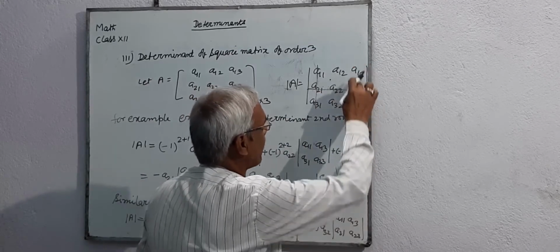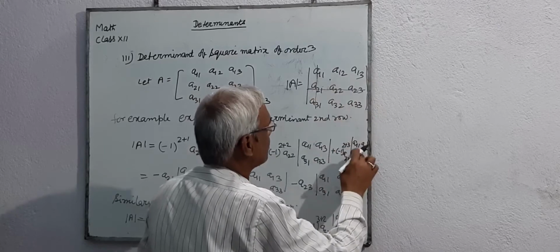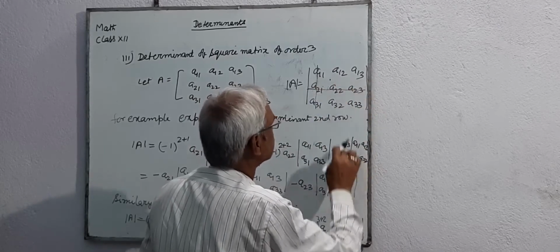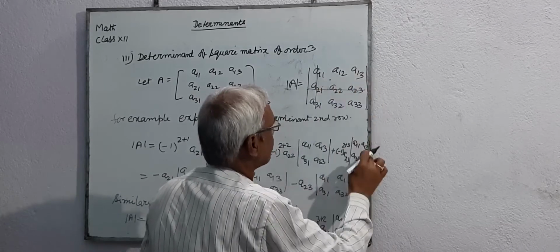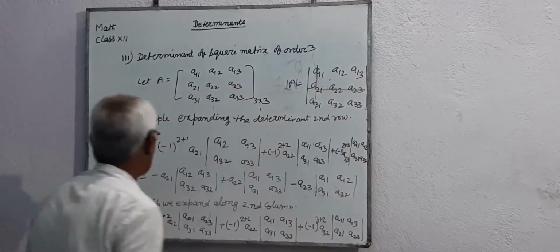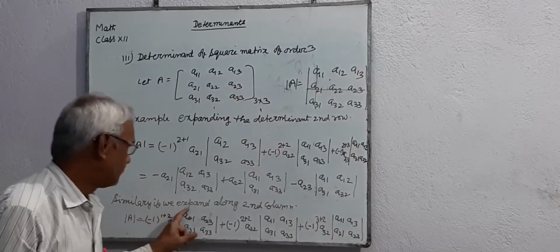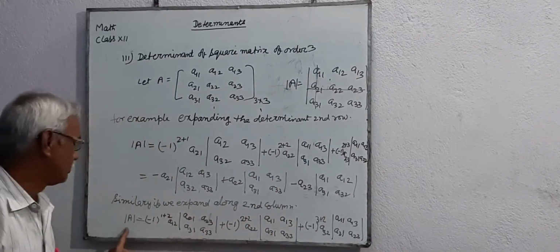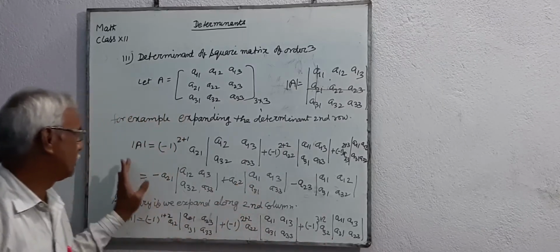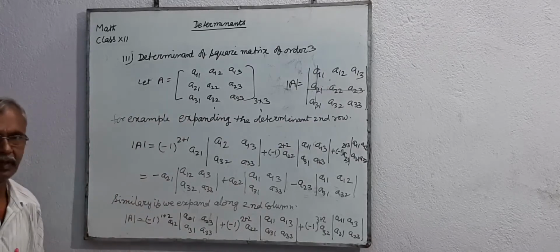Eliminating the second row and third column, we get A11, A12, A31, A32. Similarly, if we expand along the second column, the value of determinant A is the same in both cases.